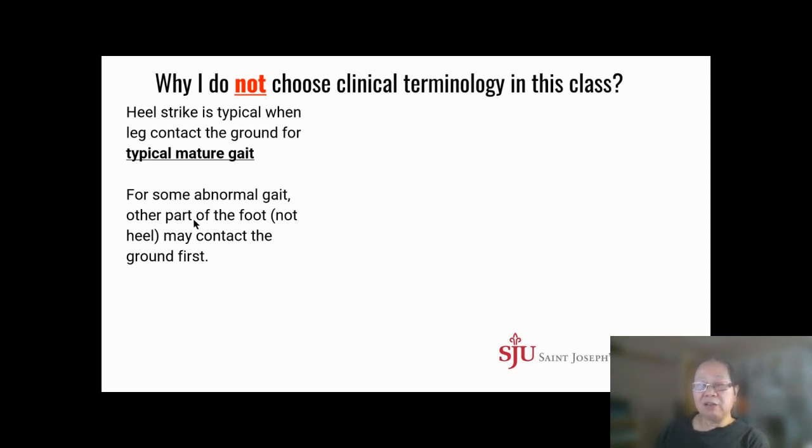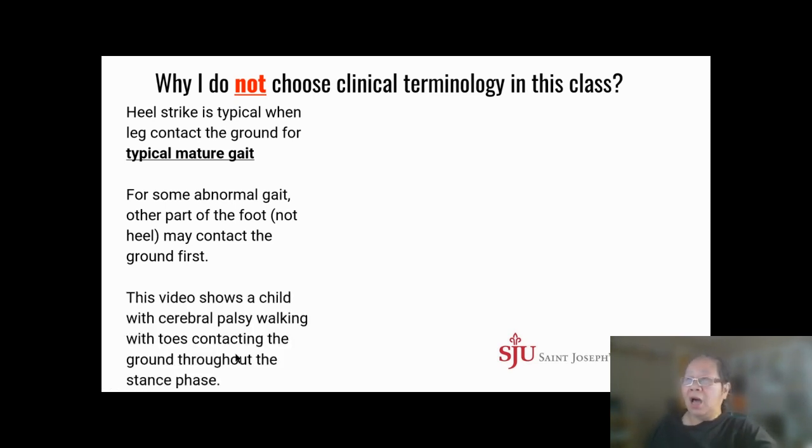And specifically for some abnormal gait, the patient may not use the heel to contact the ground. They may use the toe to contact the ground. So heel strike does not describe what happened. I'm going to show you a video of a child with cerebral palsy tiptoeing through the entire stance phase. There's no heel strike for this child.